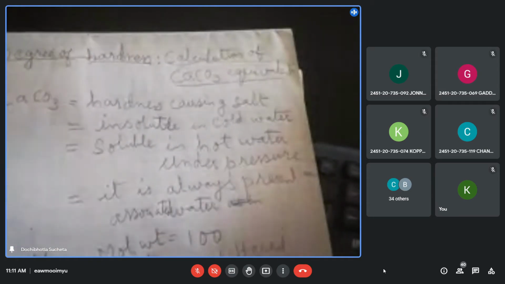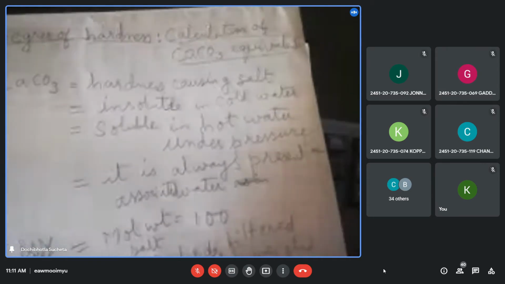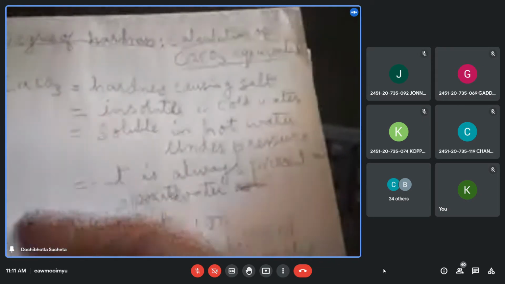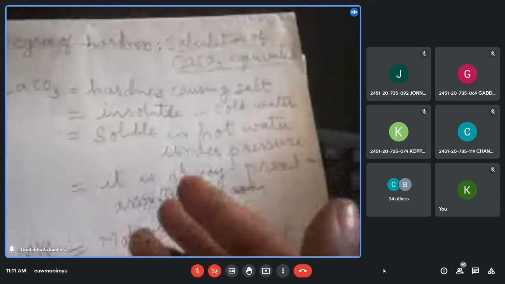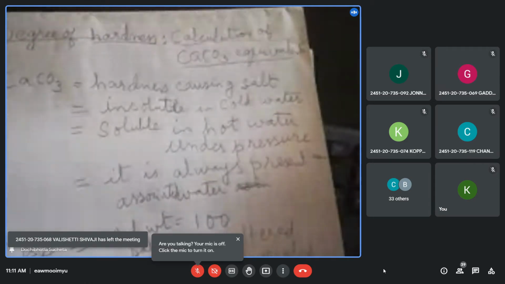The chemist will slowly filter away the entire water and take out the sludge from that vessel. After getting that sludge, they'll analyze what might be the composition.